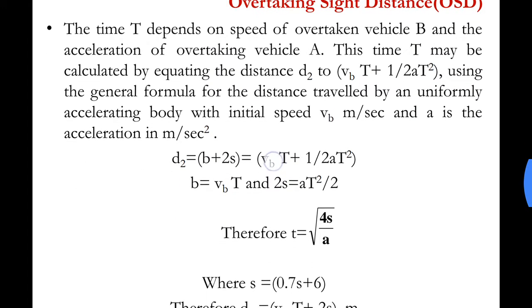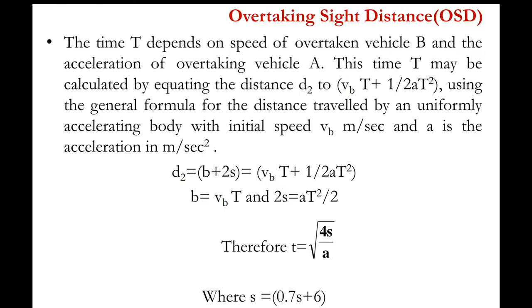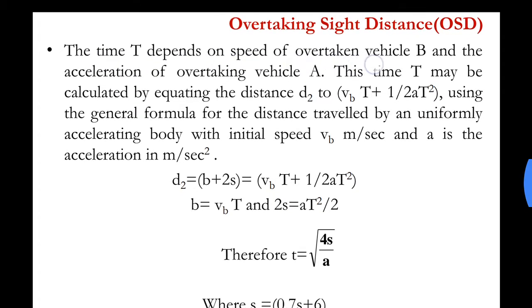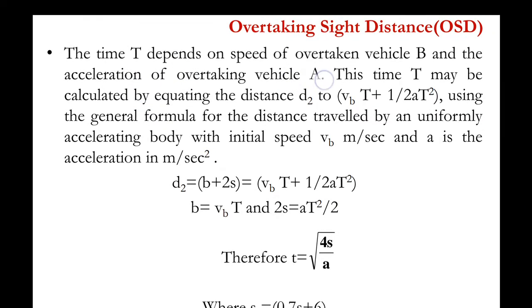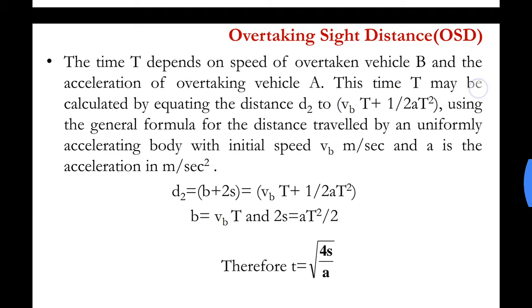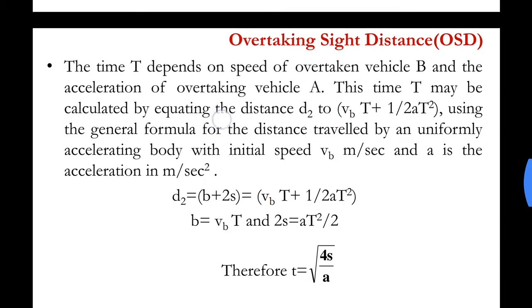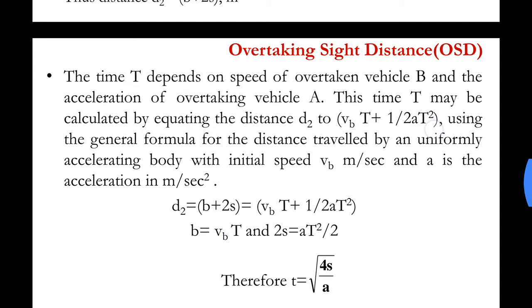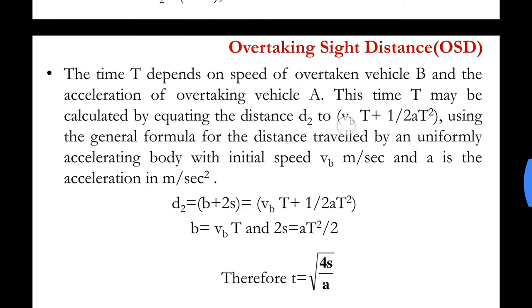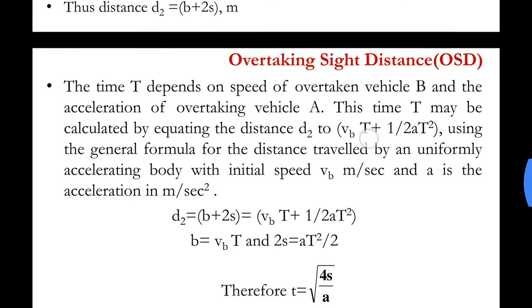Now the time capital T depends on the speed of the overtaken vehicle B and the acceleration of the overtaking vehicle A. This time T may be calculated by equating the distance d2 to Vb T plus half a T squared.